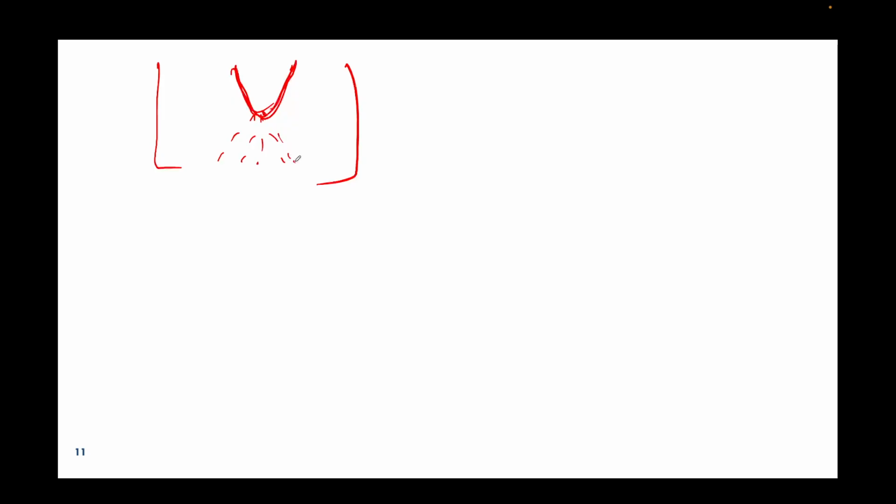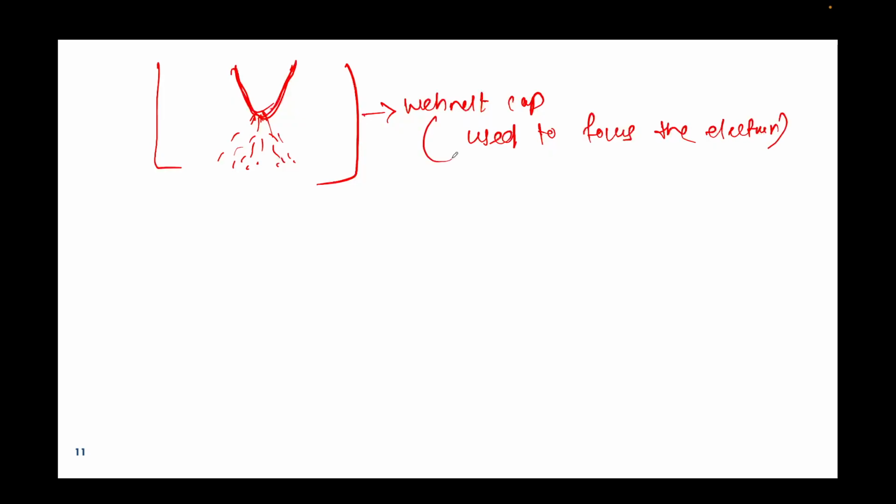This is my Wehnelt cap, which is used to focus the electrons, the current that I am having. When I apply some sort of electric field, the electrons come out. So how do I make them come towards this?